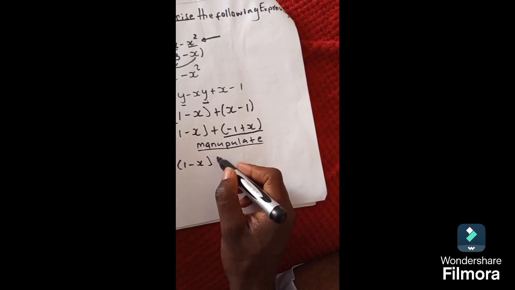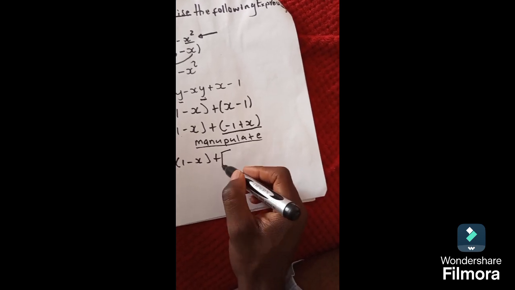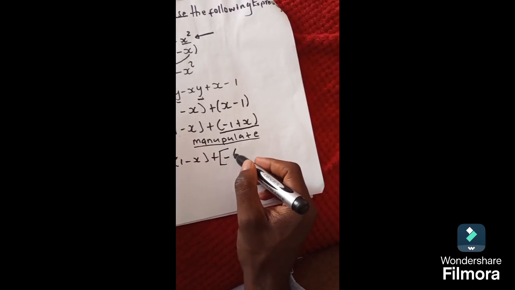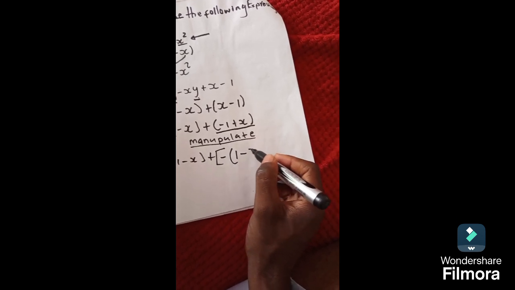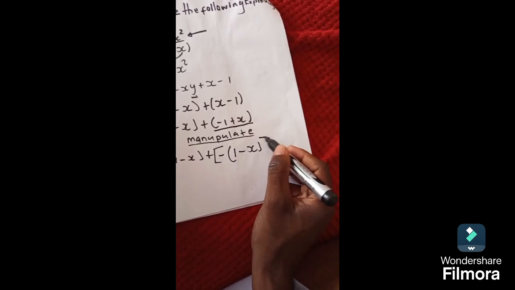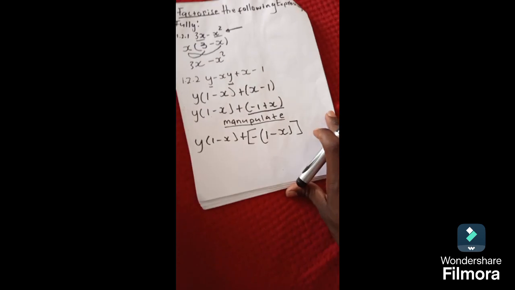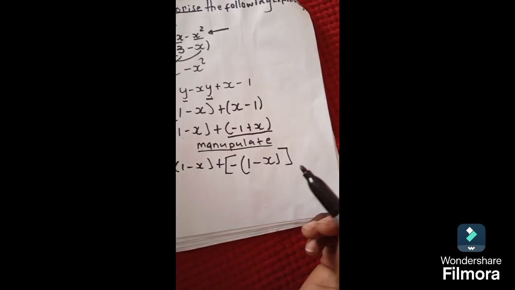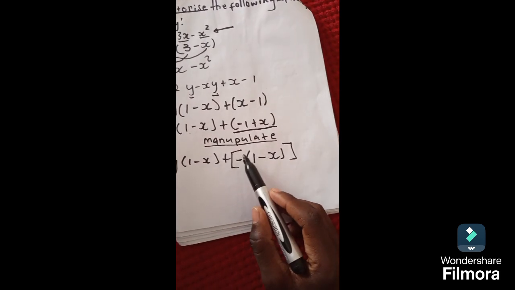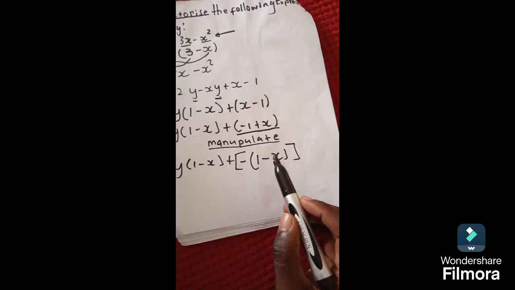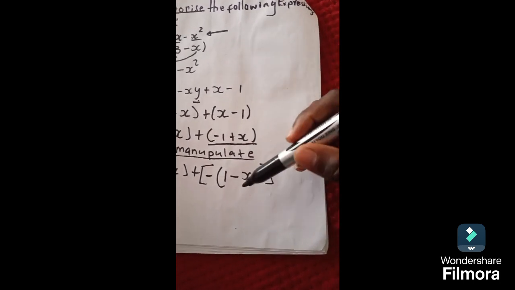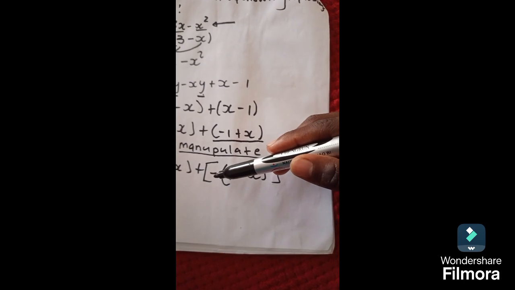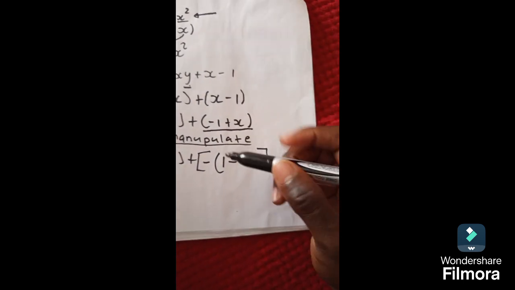Manipulation is just that you have to take out a negative sign, and then you're gonna be left with 1 minus x here. Why are we saying this is manipulation? This is manipulation because I quickly wanna show you that if I multiply this sign with this bracket, it's gonna return me to this bracket. Let me quickly show here. If you were to say minus 1, there's 1 here, right?